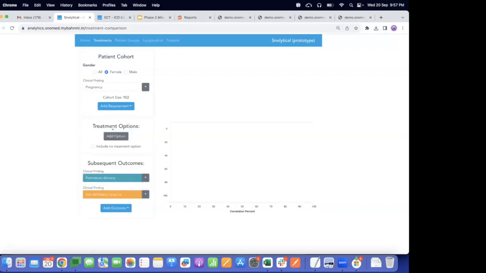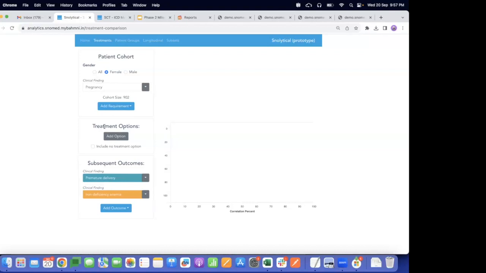And what are the treatment options that we want to target against? So in our scenario, around 22 percent of the population were not given any treatment of any supplement, either iron or folic acid, right?